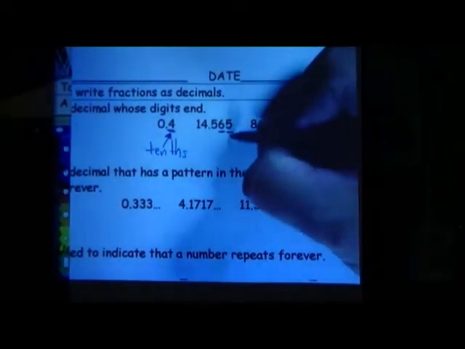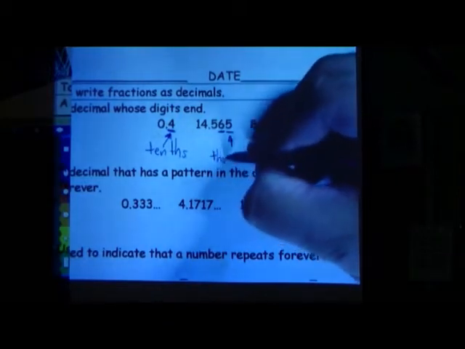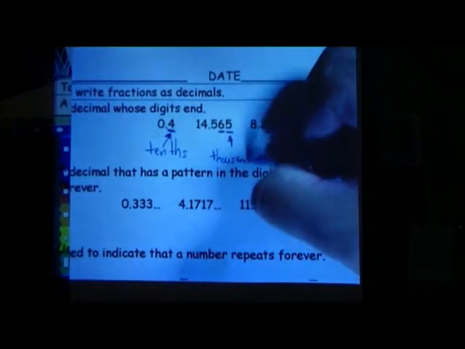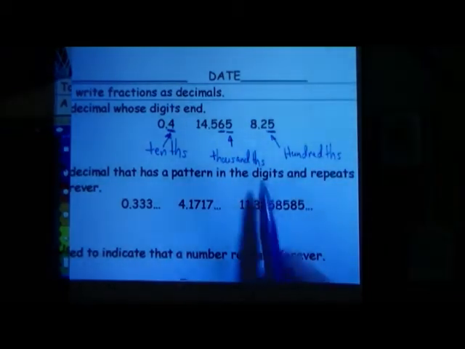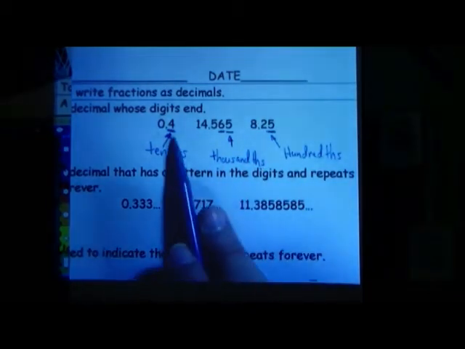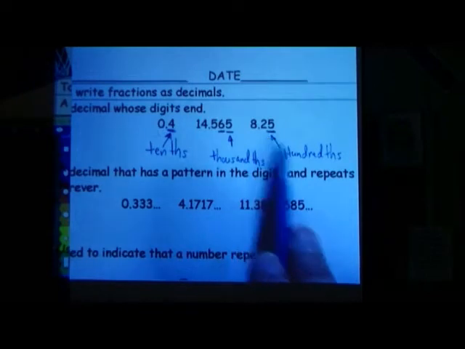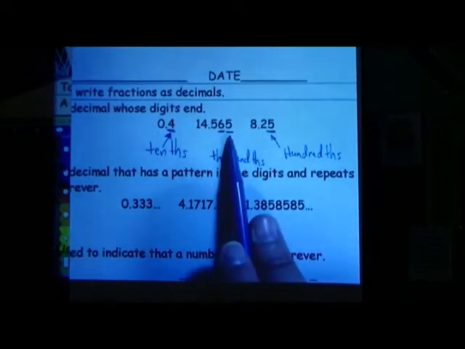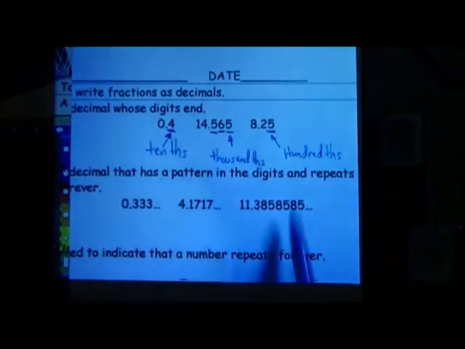And the one after the hundredths place would be the thousandths place, again with the THS. Notice that the first place behind the decimal is the tenths, the second number behind the decimal is the hundredths, and the third number behind the decimal is the thousandths.